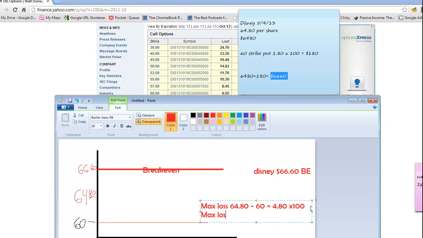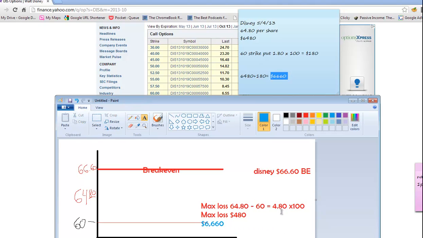Max loss, $480, is my max loss on my $6,660 trade. So the most I can lose is $480 on a stock plus option position, because my option protects me.